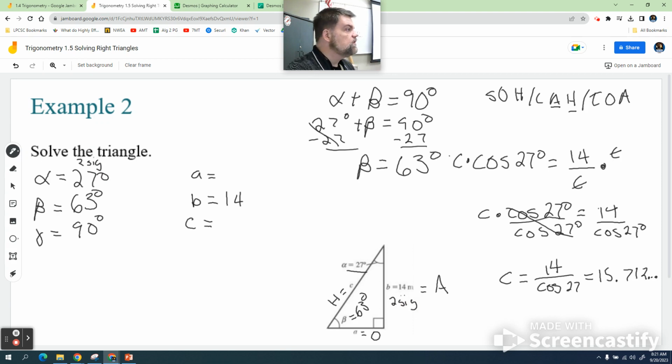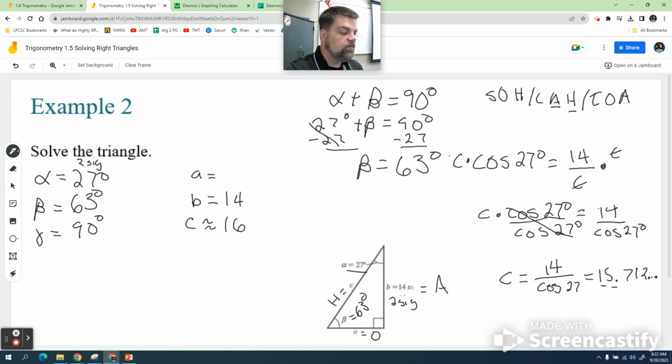So you choose the lower, but they're both 2 significant digits. So I have to round this to 2 significant digits. That means I'm going to round it to 16. And because I rounded it, instead of saying equals, I'm going to put the little squiggly line. Does that make sense?